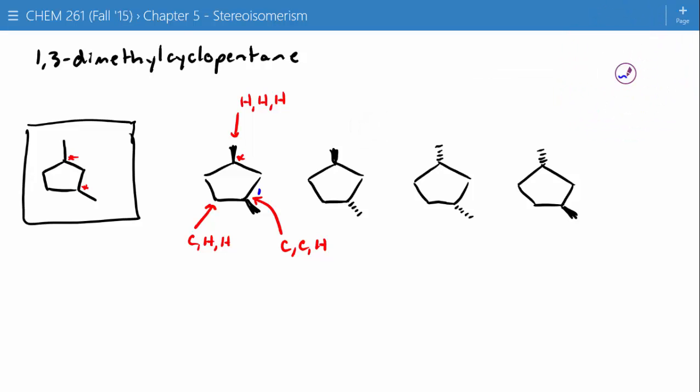We would have first priority here because we've got the biggest difference, second priority here, and third priority there. Hydrogen's pointing back, so it would be R. That top stereocenter would be an R. A little bit tricky.